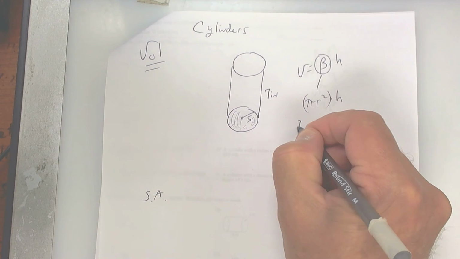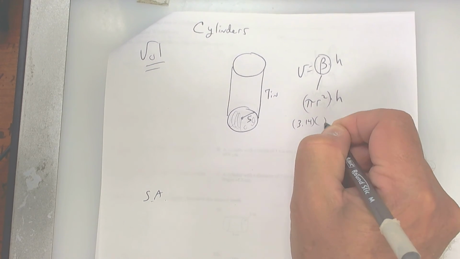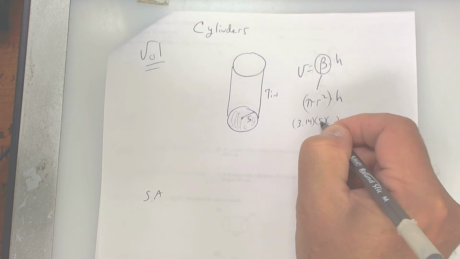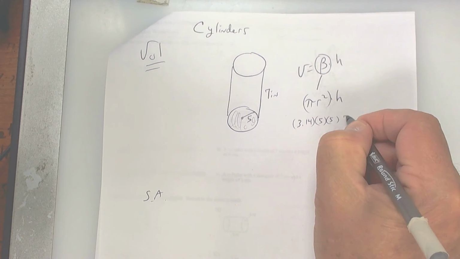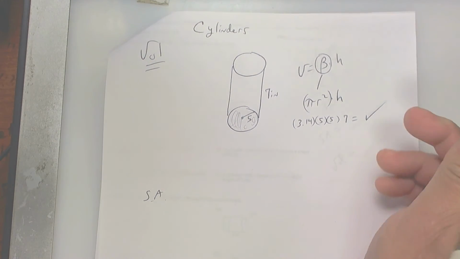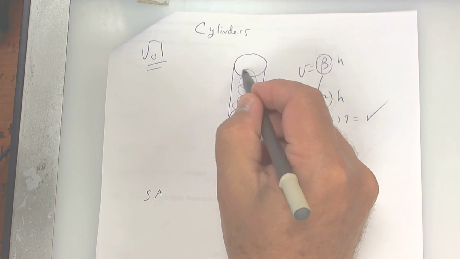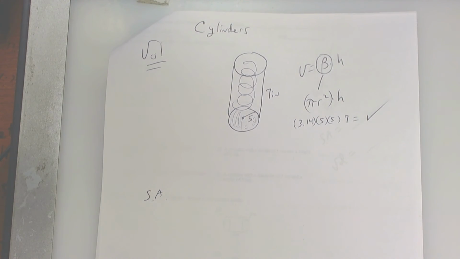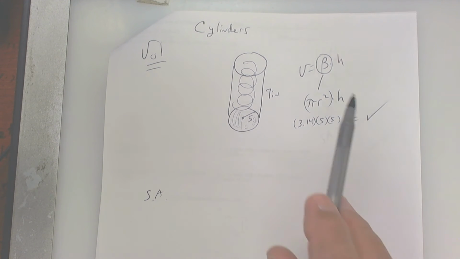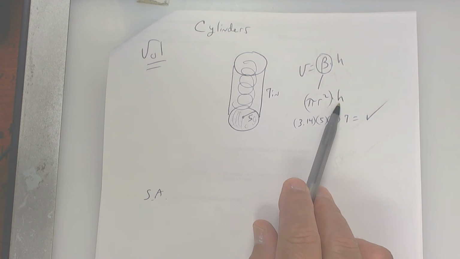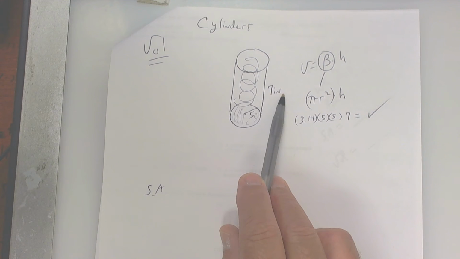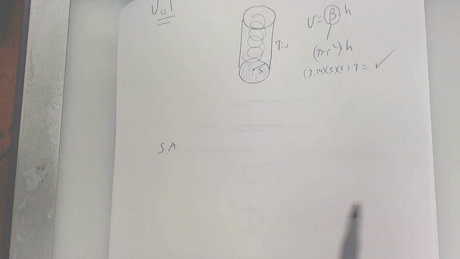So pi is 3.14. The radius squared is going to be 5 times 5, and the height is 7. You get your calculator out, and bam, you're done. That gives you the volume of the whole cylinder. Volume's easy. Circle times the height. Bottom times the height. Surface area, on the other hand, is a little different.